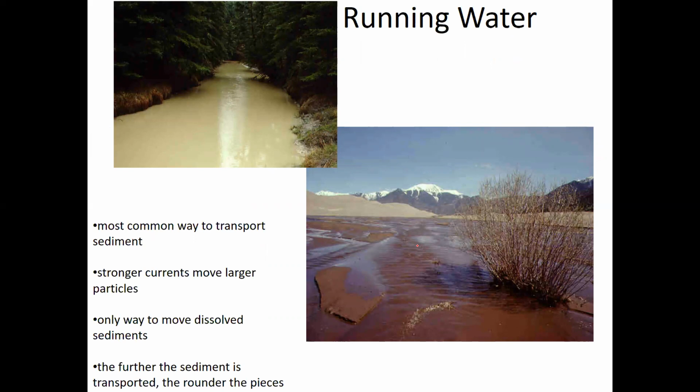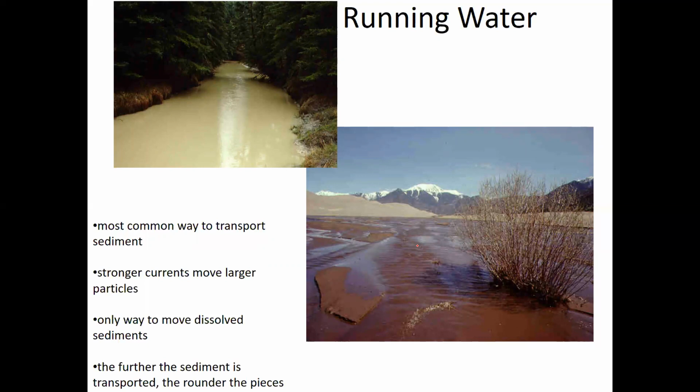Running water is the most common mode of sediment transport. And with running water, the stronger the currents, the larger the particles of sediment that can be transported. So large currents that are very strong, have a lot of energy, can move all different sizes of sediments, large chunks of sediment and tiny pieces of sediment.